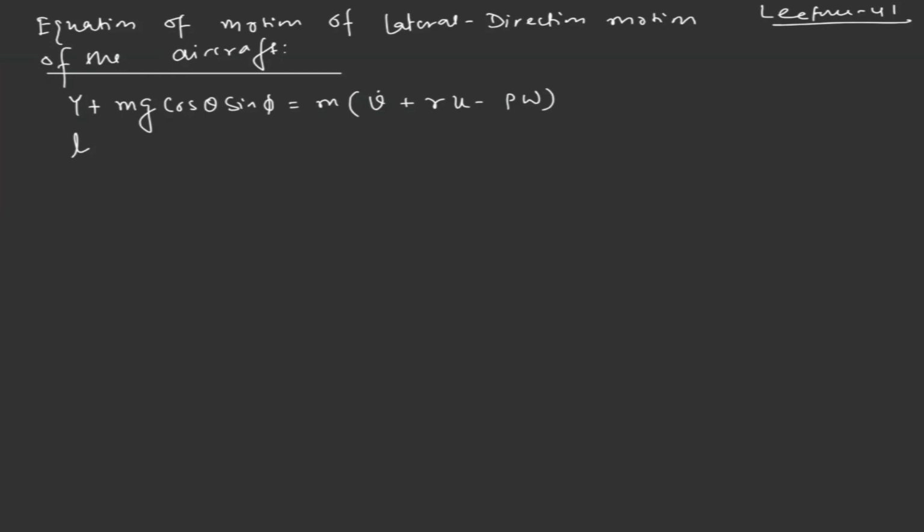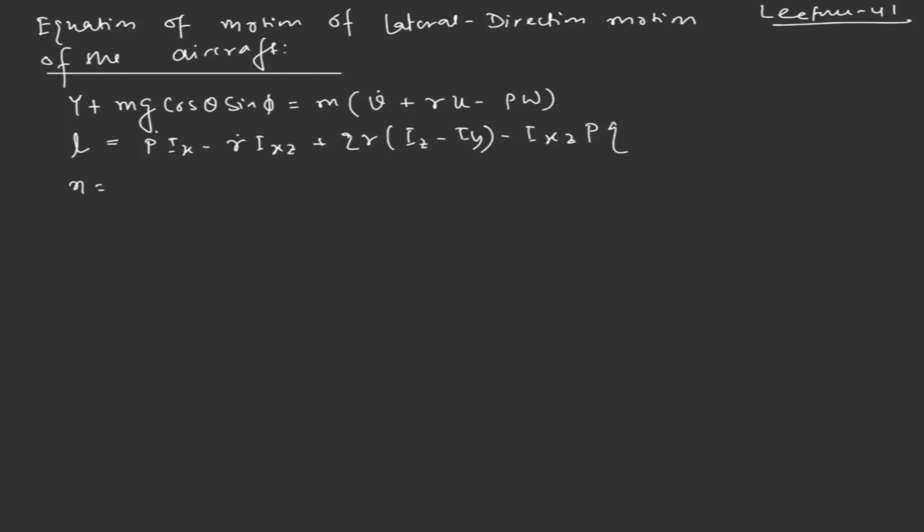So moment along x-axis, we can write p dot Ix minus r dot Ixz plus qr into Iz minus Iy, minus Ixz pq, and moment along z direction N equal to, so if we apply the moment along z direction, we can control the yaw angle, and if you apply the moment along x-axis, then we can control the roll angle.